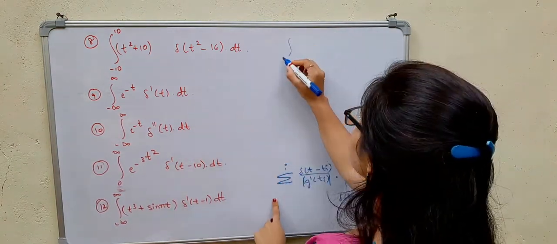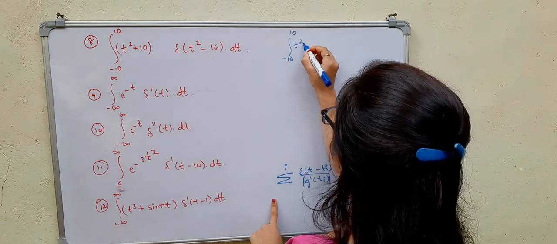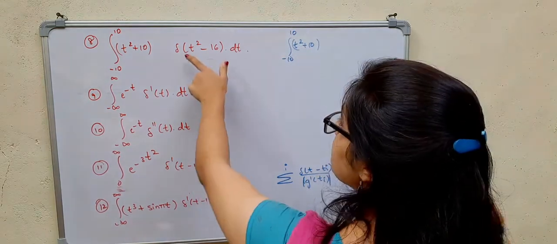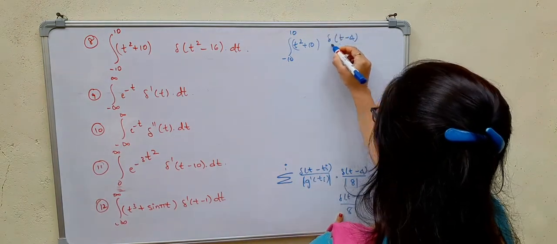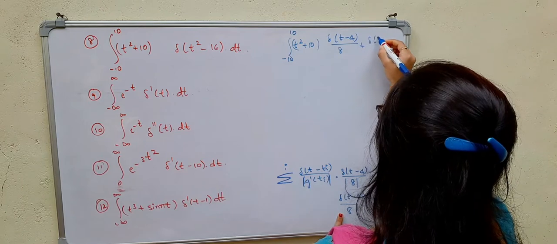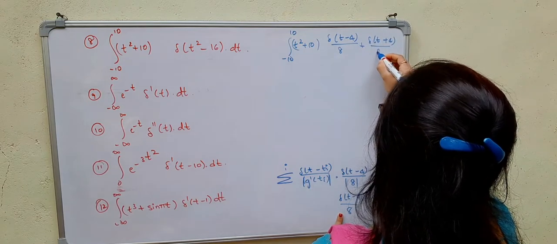Next I will be solving this. Minus 10 to 10, you have t square plus 10. Instead of t square minus 16, I can write delta of t minus 4 divided by 8 plus delta of t plus 4 divided by 8 dt.